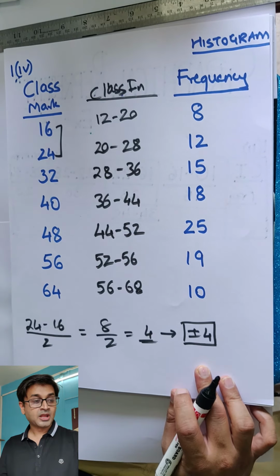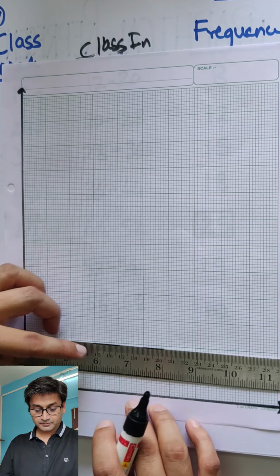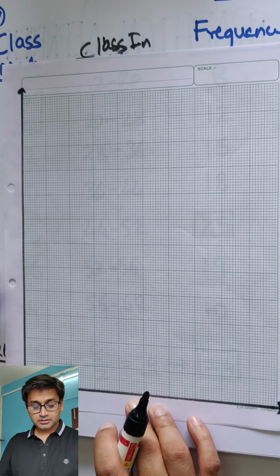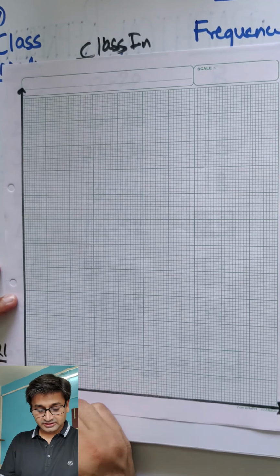Alright. Let me hit it. So that's my y-axis. Let me get my x-axis. So that's my x-axis, and the class interval started from 12. You remember that? 12, then the next one, anybody remembers? 12 to 20, very good. 20 to 28.